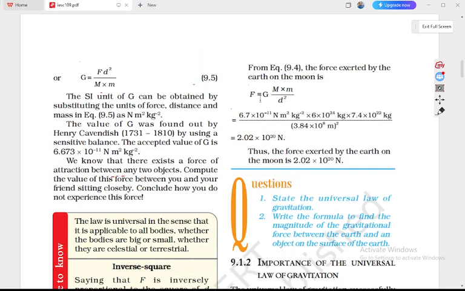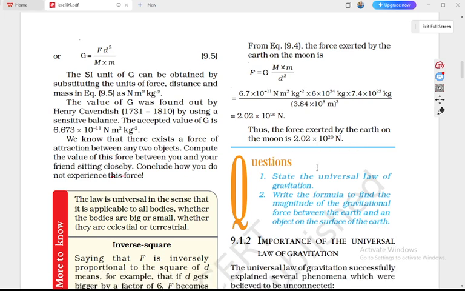If we calculate, we get the value 2.02 × 10 to the 20 Newton. Thus, the force exerted by the earth on the moon is 2.02 × 10 to the power 20 Newton.